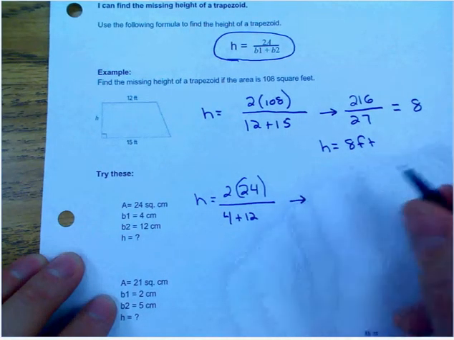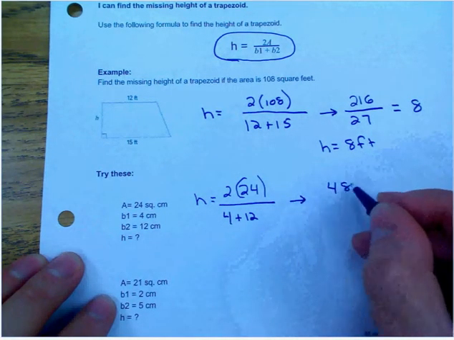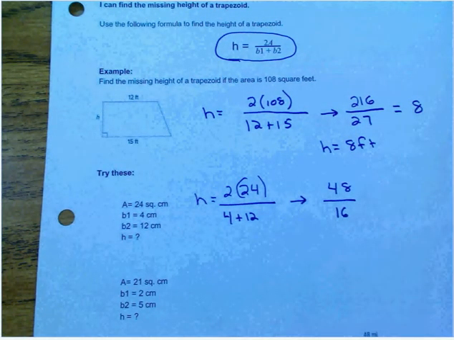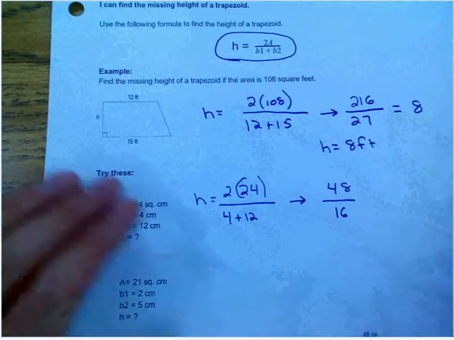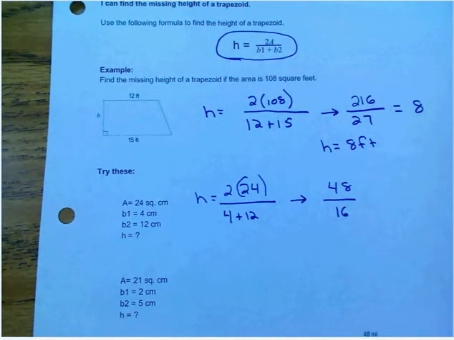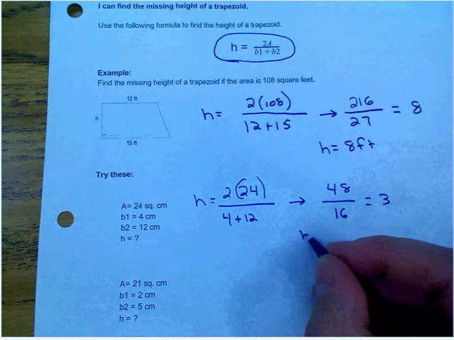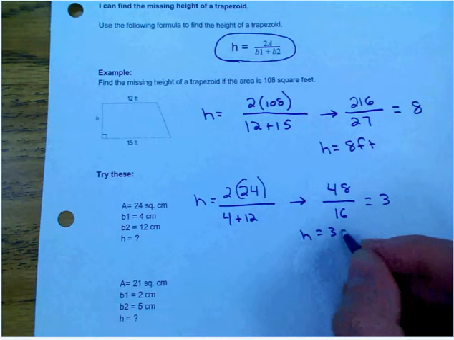So we have 24 times 2, which is 48, divided by 16. And 48 divided by 16 equals 3. So our height is 3 centimeters.